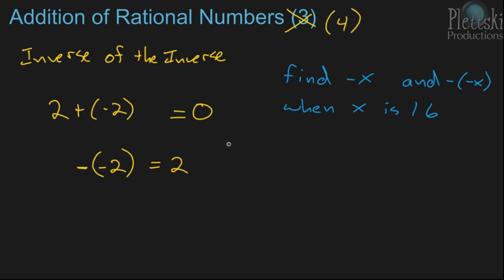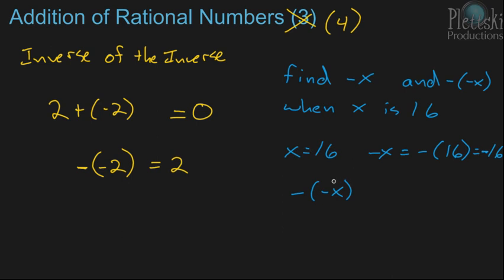Okay, so if x equals 16, then negative x would equal negative 16. And then what would negative negative x be? Well, all we're going to do is replace the x part with 16, because x is 16.